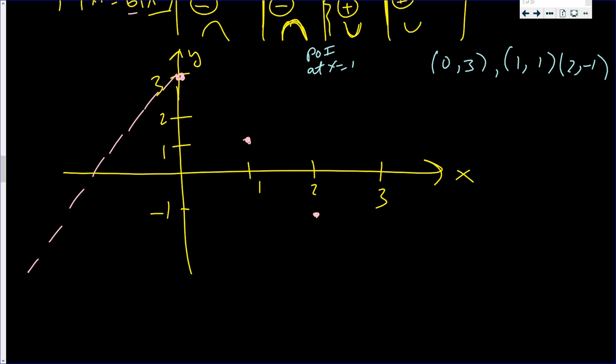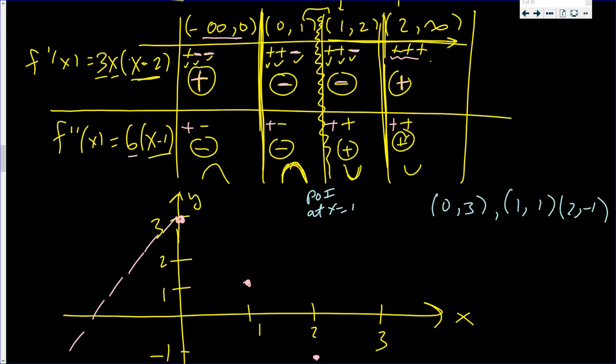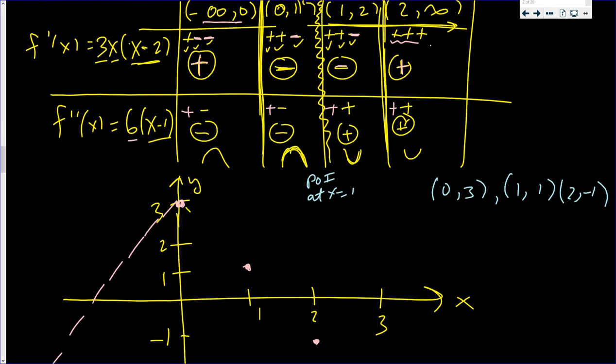From 0 to 1, it's decreasing. Ooh, looks right to me. I mean, how else are you going to get to this point here? And then from 1 to 2, it's still decreasing. And then after 2, it's increasing.